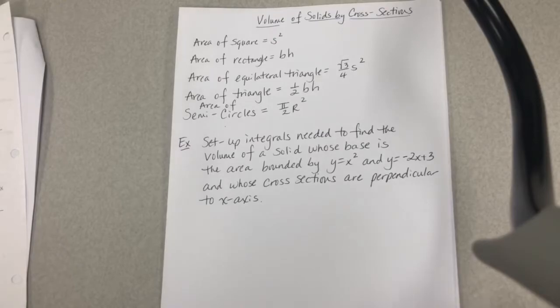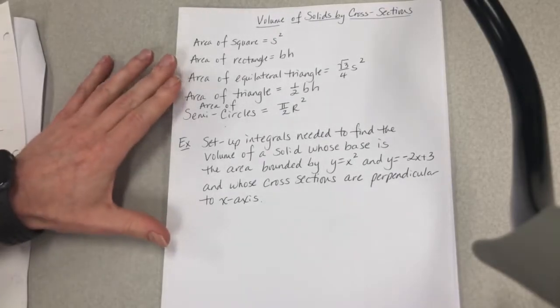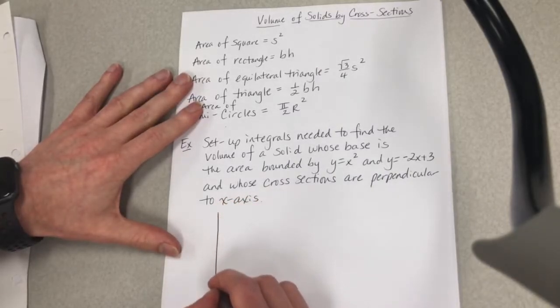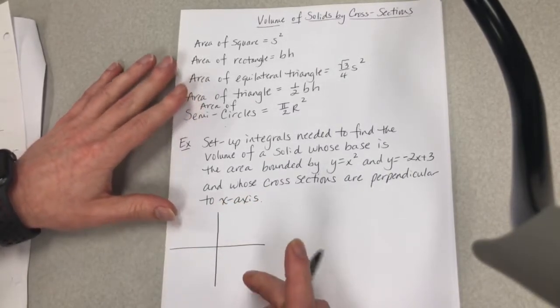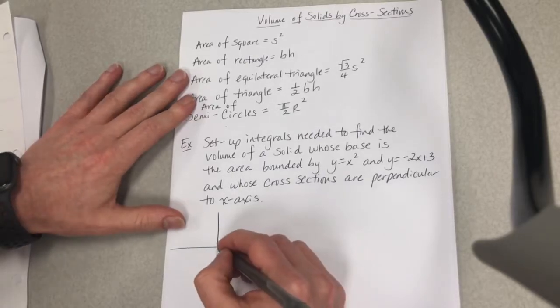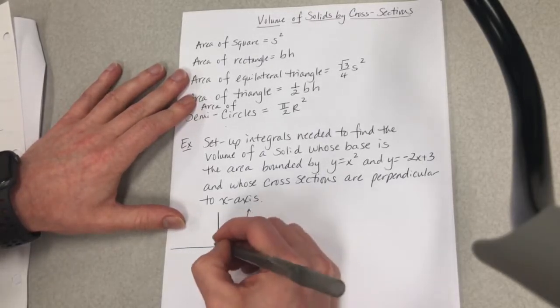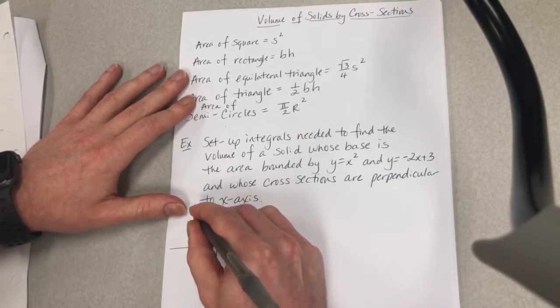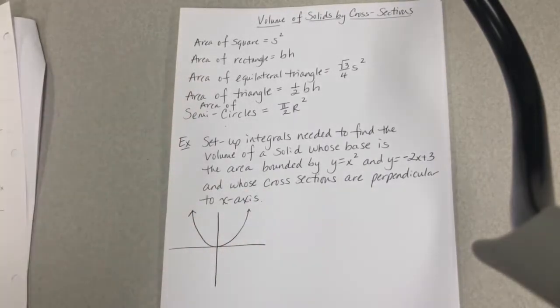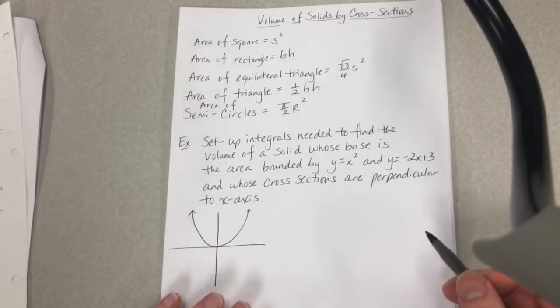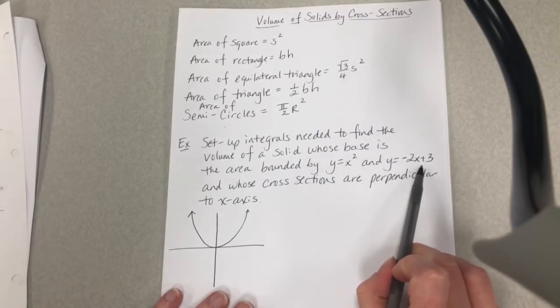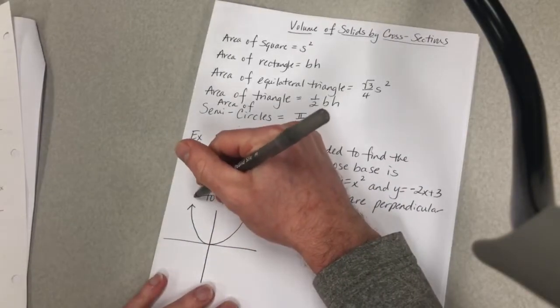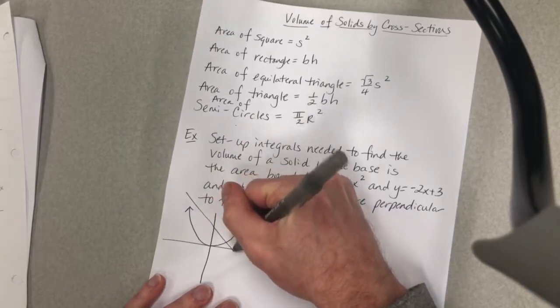As we go through this, we're going to use the same steps we did before. We're going to graph two functions. y is equal to x squared looks like this, and the line y is equal to negative 2x plus 3 looks something like this.